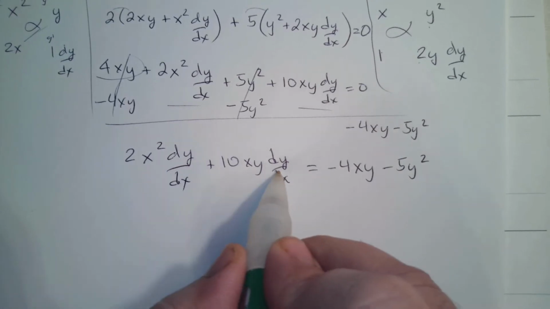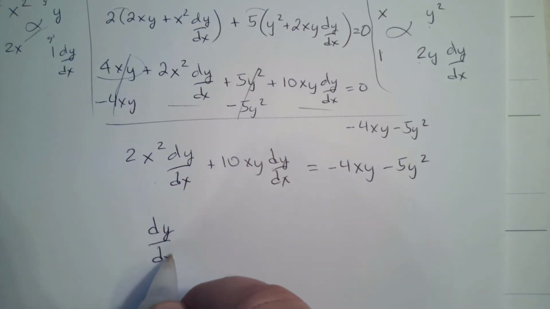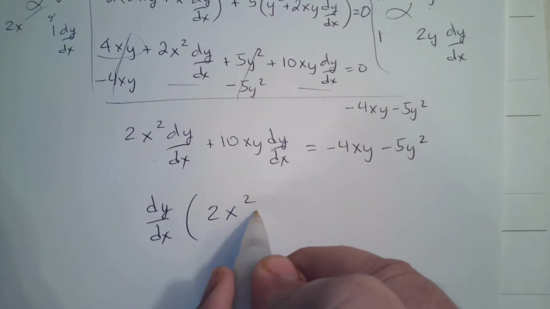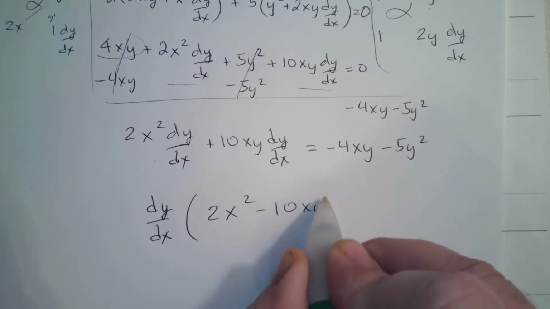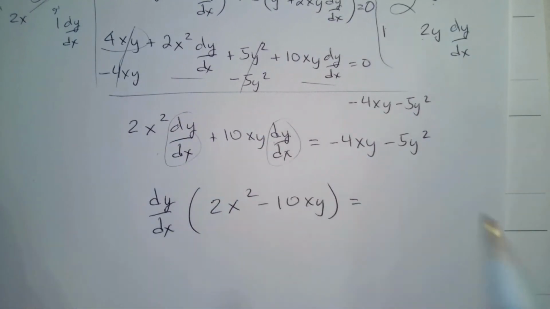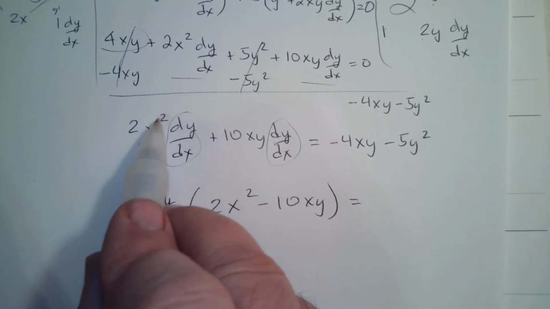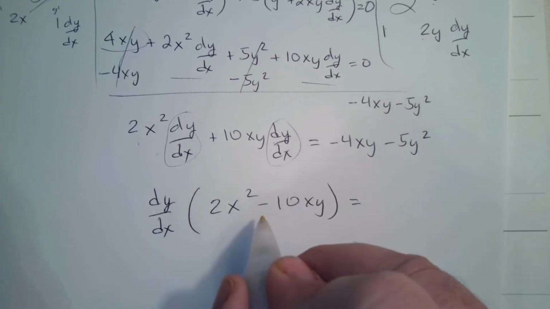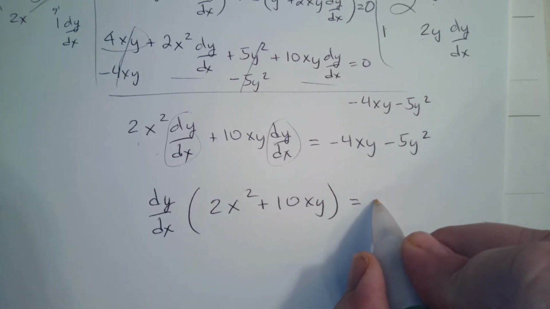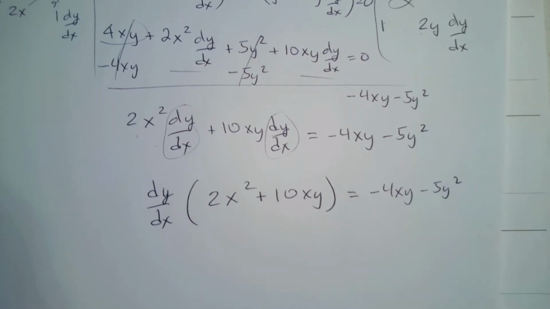Now, since both of these have a dy/dx in common, I can factor it out. So I take the dy/dx out of both of those. I'm left with 2x squared plus 10xy equals negative 4xy minus 5y squared.